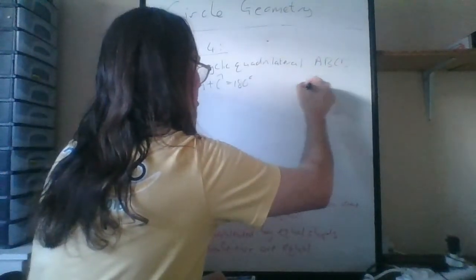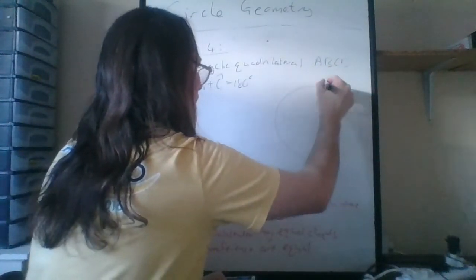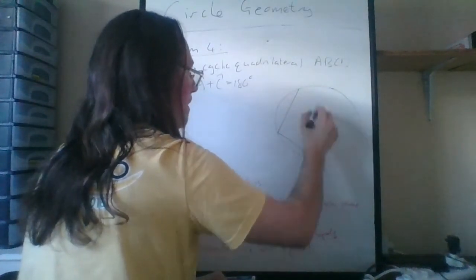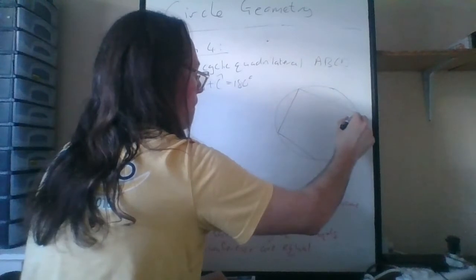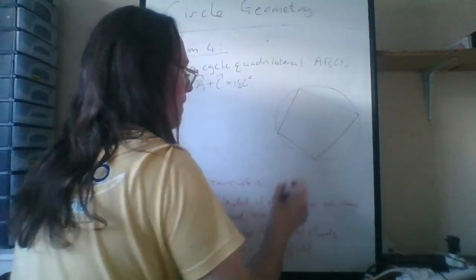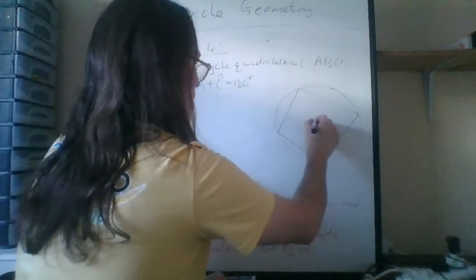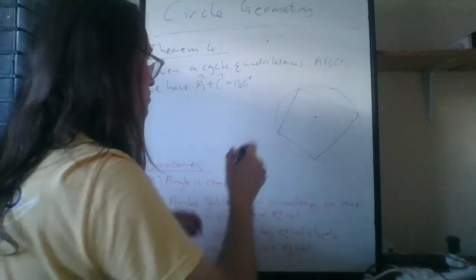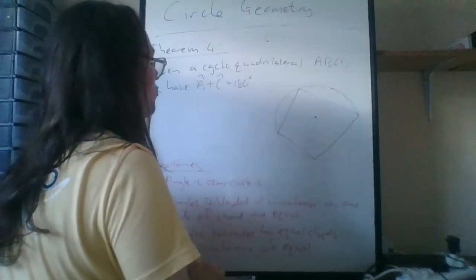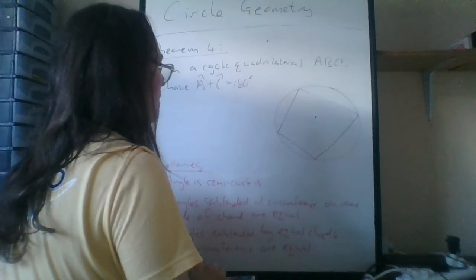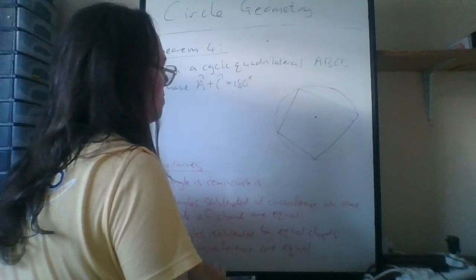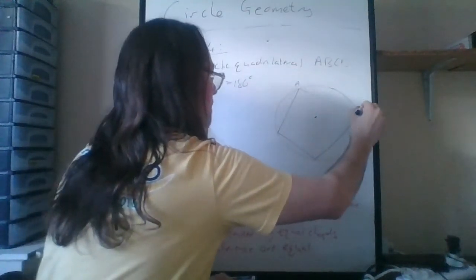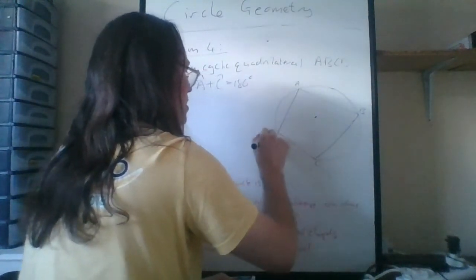Okay, so you have a circle, and you have a quadrilateral inscribed in here. Let the center of the circle be about here. We want to show that angle A plus angle C equals 180 degrees.